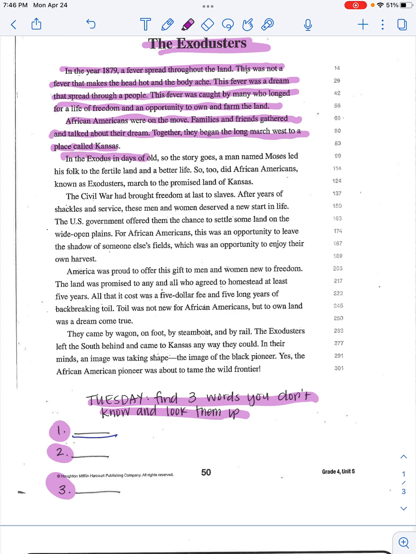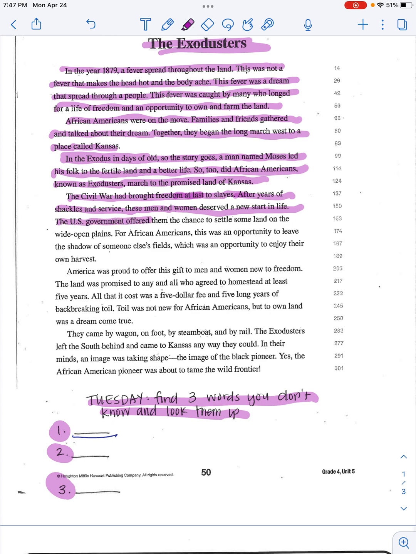In the Exodus in days of old, so the story goes, a man named Moses led his folk to the fertile land and a better life. So too did African Americans, known as Exodusters, march to the promised land of Kansas. The Civil War had brought freedom at last to slaves. After years of shackles and service, these men and women deserved a new start in life.